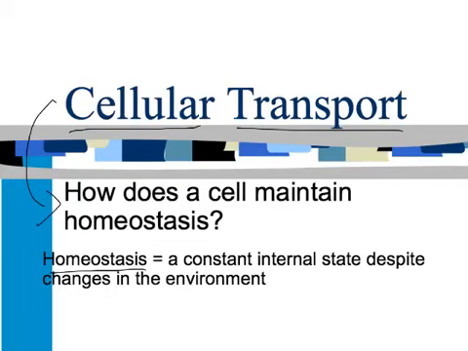So for example, if one of your cells uses up all of its glucose to make energy, we would have to transport more glucose into the cell to use homeostatic mechanisms to come back up to normal, for example.